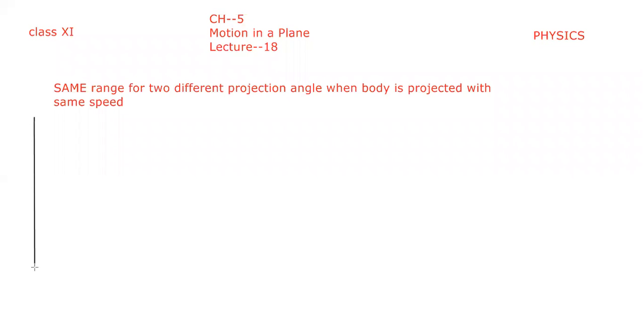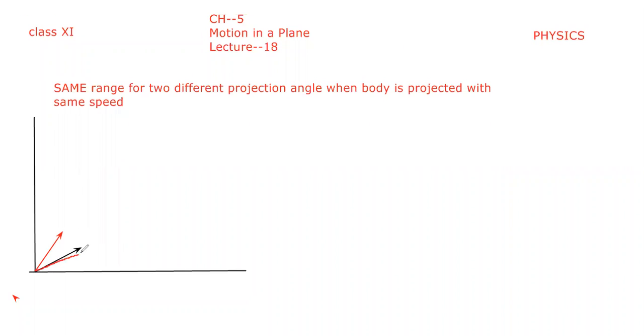So this is the y-axis and this is the x-axis. If a body is projected by two different angles, suppose one body is projected in this way and the other body is projected in this way, and they have the same initial speed but their projection angles are different.